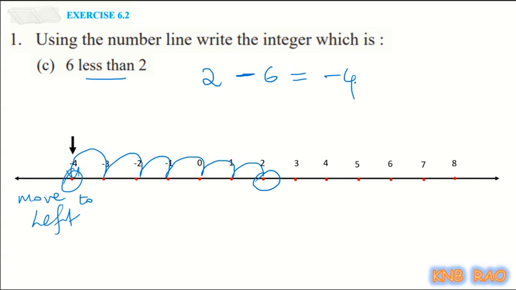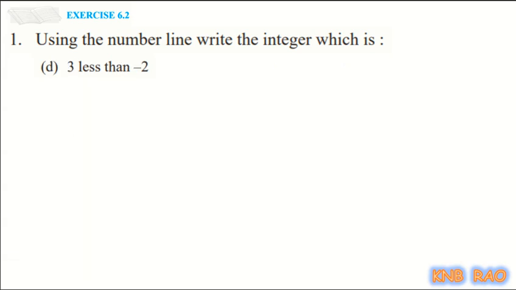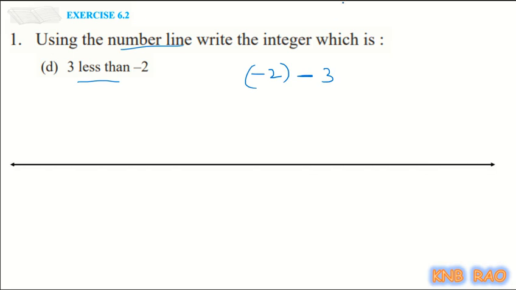Then the next question is: using number line, write the integer which is 3 less than 2. Again, the same, we are asked to do it using a number line. You are at minus 2 and you are finding 3 less than that, which means you have to subtract 3 from that. By drawing the number line we will do it.